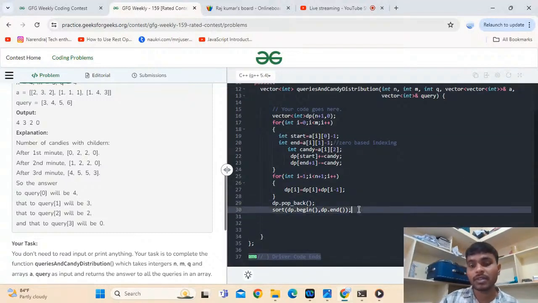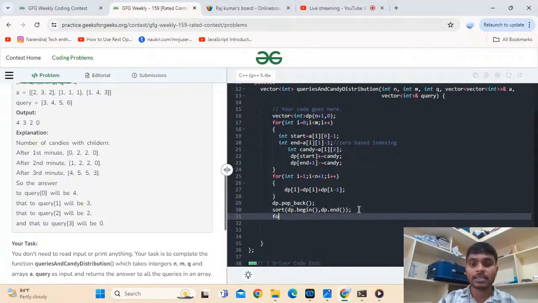Now guys, here observe. I have to traverse the q queries: int I is equal to 0, I less than q, I plus plus.